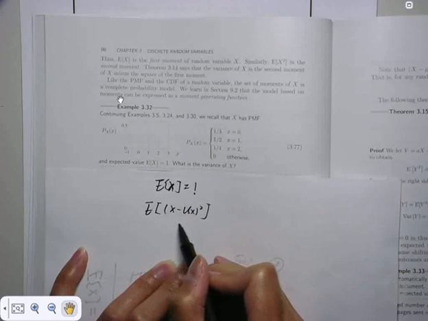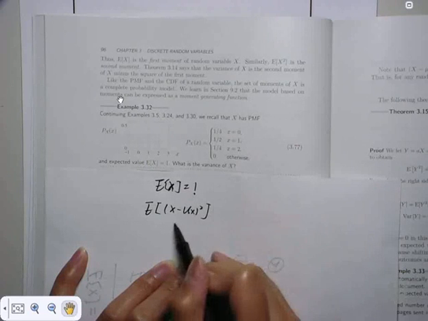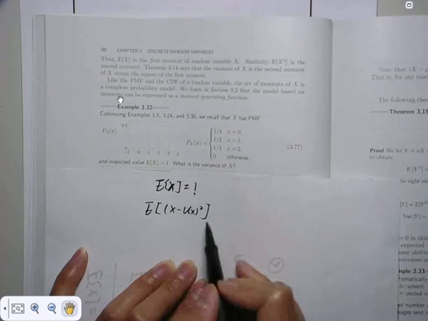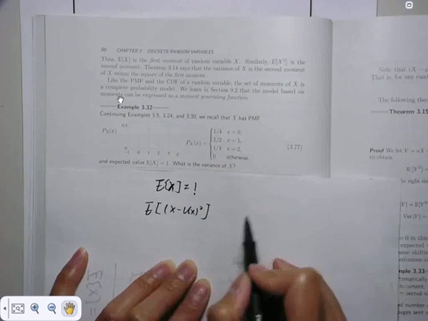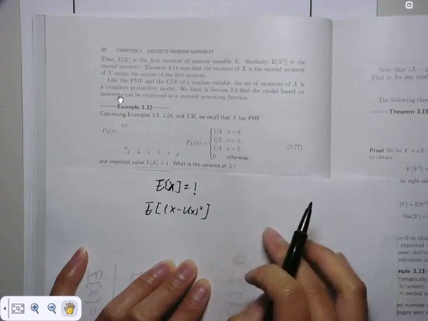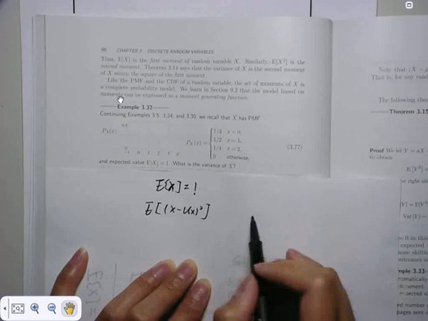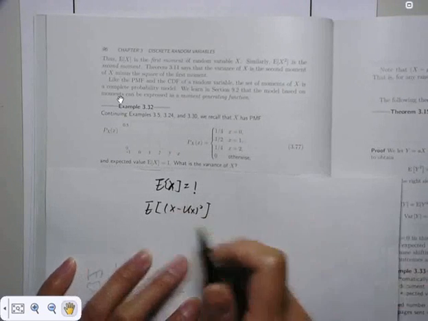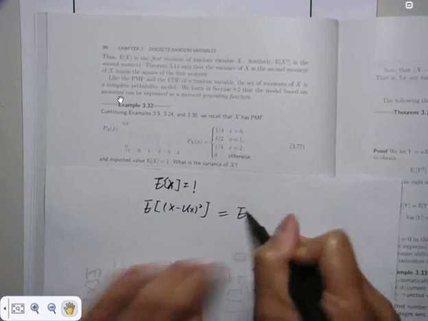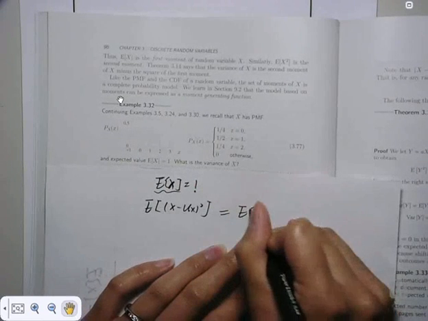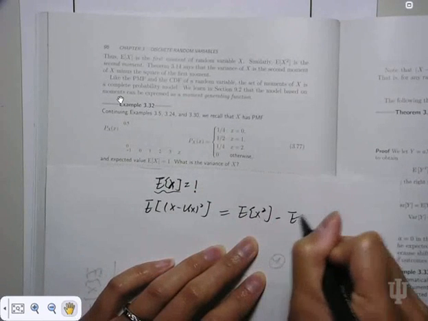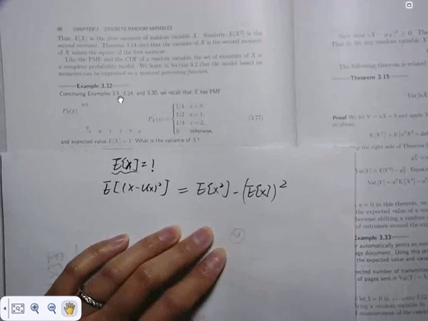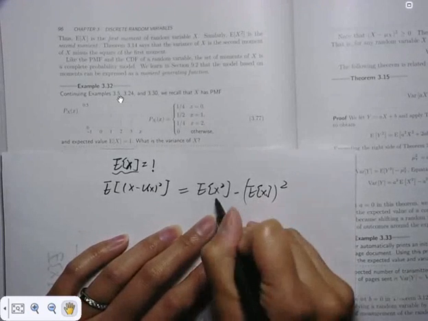So 0 minus 1, 1 minus 1, 2 minus 1, each one squared, times its probability, and then sum up. And I don't want to do the square of a fraction, right? I already know E of X. The only thing I need to know is the expected value of X squared.